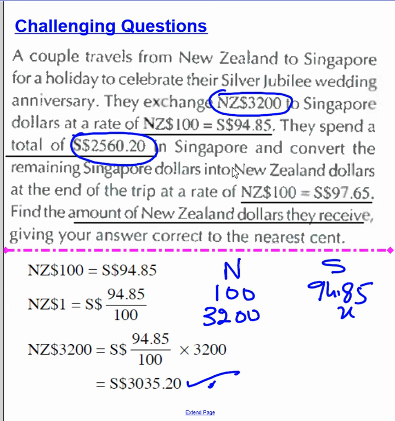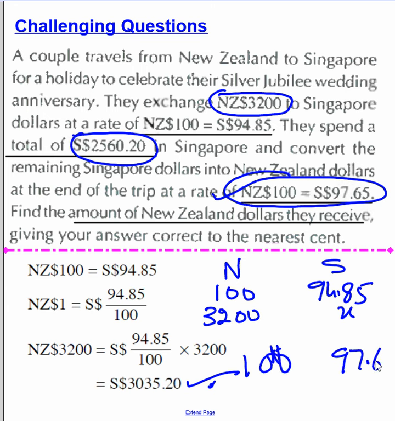Now what is the question saying? Of course, now they want to go back to their country, so they will convert the Singaporean dollars back into New Zealand dollars. Now the exchange rate has changed and it is this change. So now using this exchange rate, we will again make use of this method and calculate our values. So 100 New Zealand dollars is now equal to 97.65 Singaporean dollars.